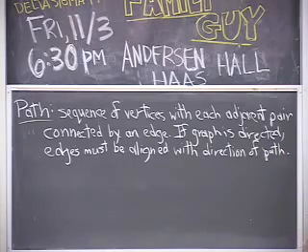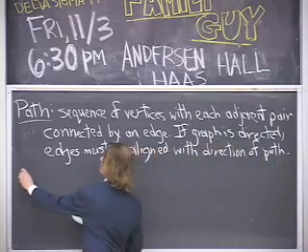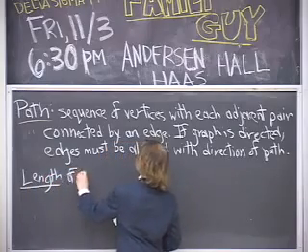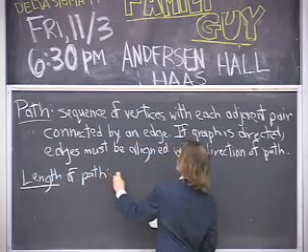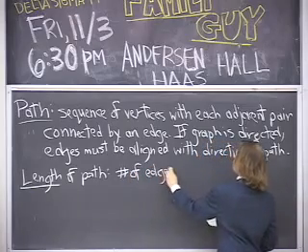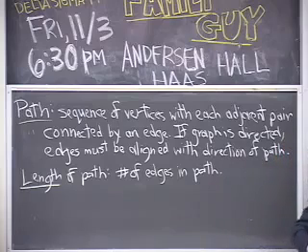Now, the length of a path is the number of edges in the path. Just like in a tree. But again, let me remind you, it's not the number of vertices, it's the number of edges, which is one less than the number of vertices.